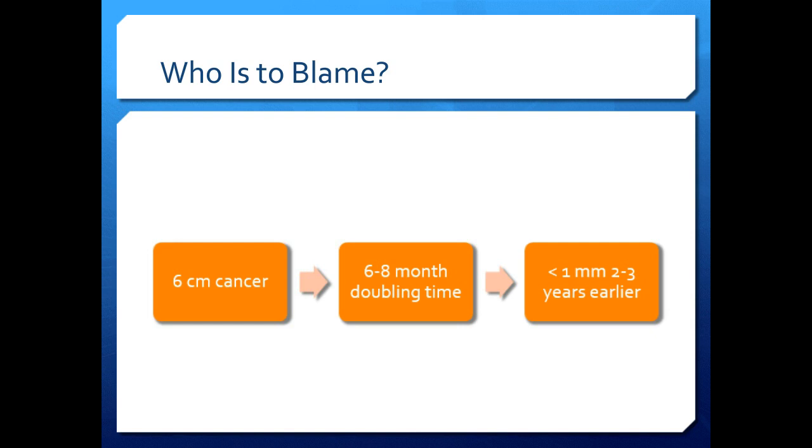If it takes that long to grow, we know that there's about a 6 to 8 month doubling time in colorectal polyps as they grow. That's standard. So if you go backwards, a 6 centimeter cancer diagnosed 2 years after the index, with a 6 to 8 month doubling time, that cancer 2 to 3 years earlier was less than a millimeter, right?